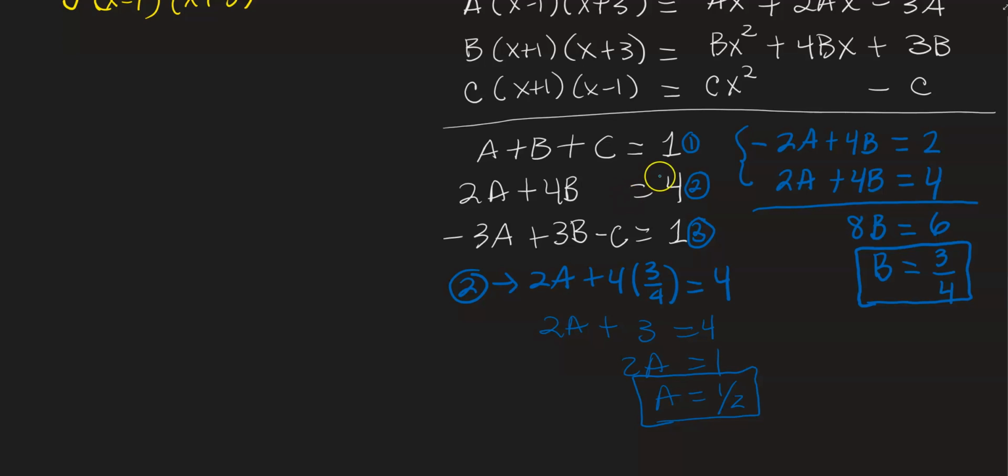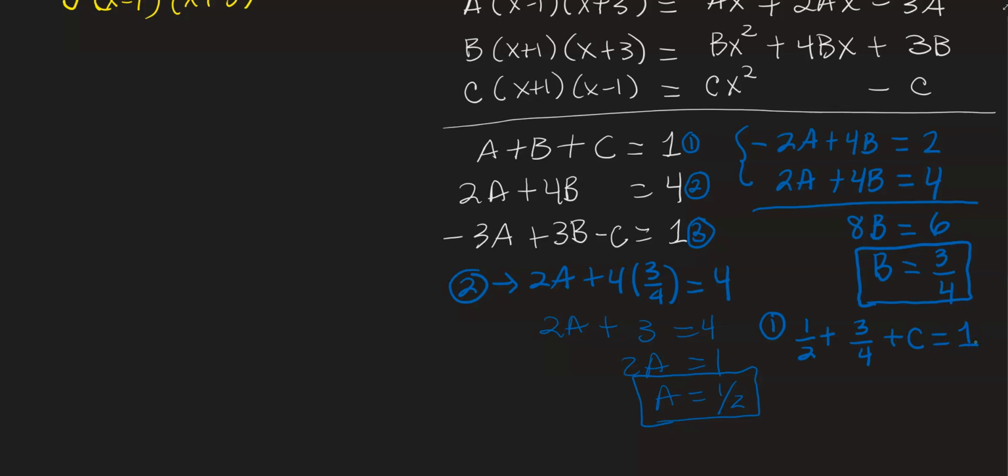Well, we got B, now we're looking for C. So let's go to equation number 1. Okay, so equation number 1 says that A, which is 1/2, plus B, which is 3/4, plus C is equal to 1.